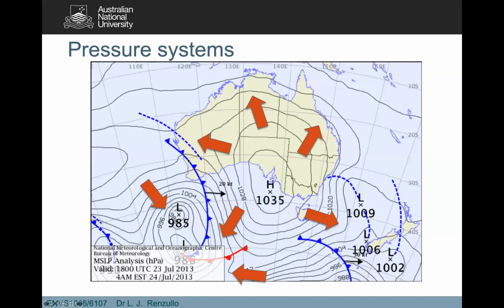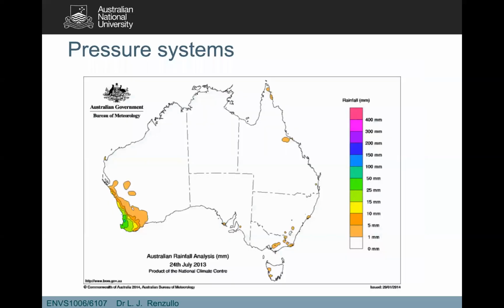And this is how we delineate the cold front. So it's not surprising when you look at the rainfall in the area. There was some rain over southwest Western Australia as a result of the cold front, moisture rich, colder air encountering the warmer air from the continent.